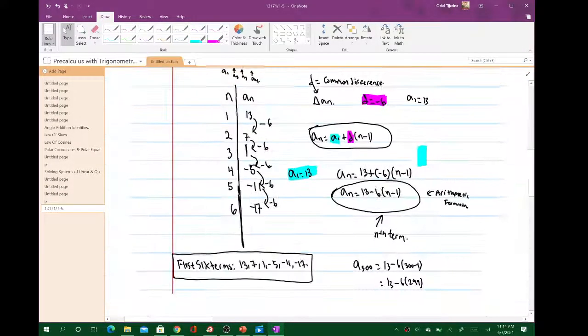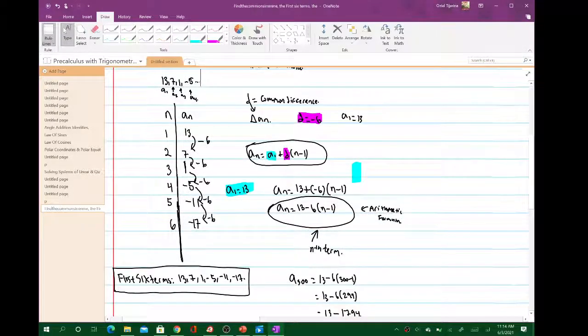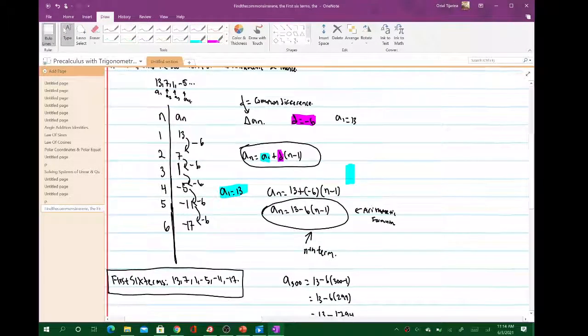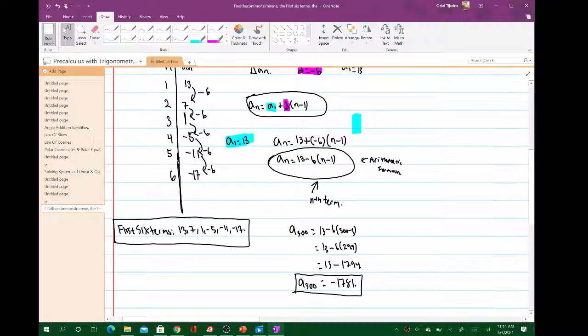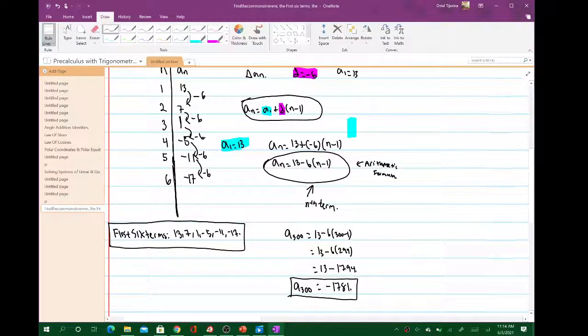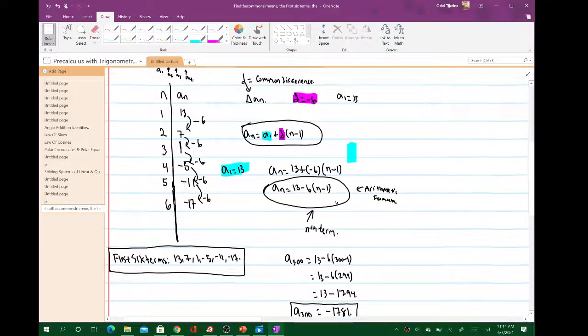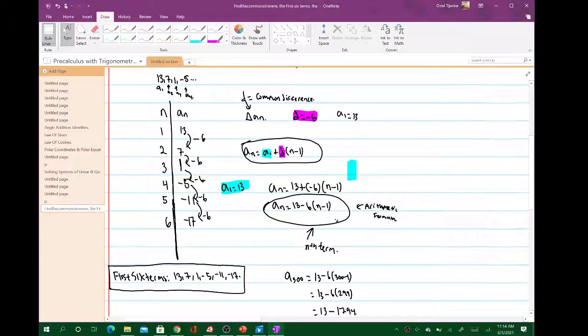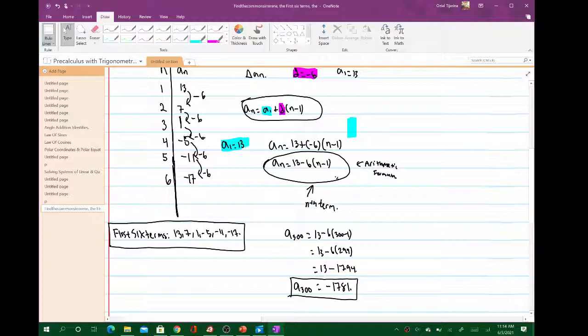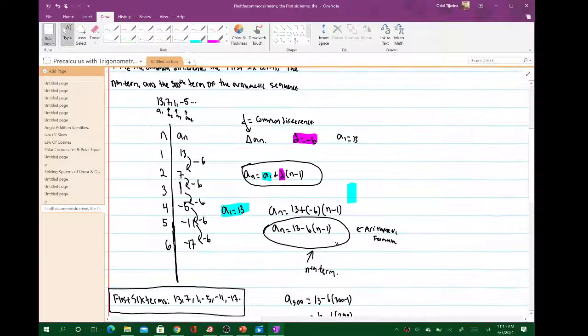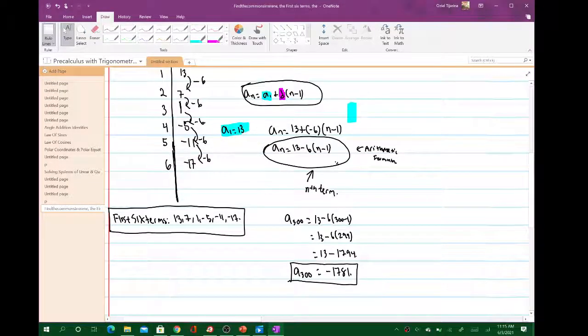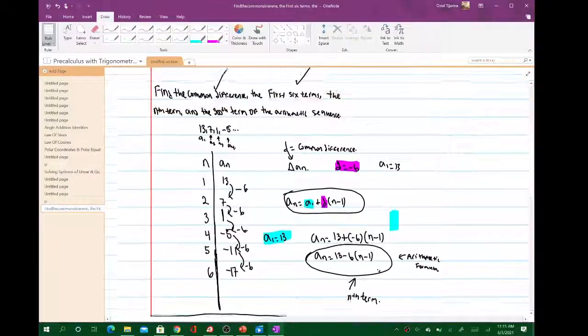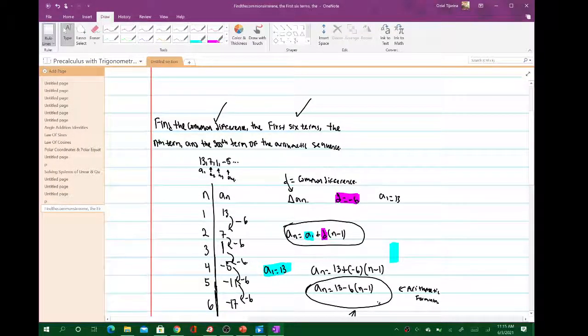And you also need to know that a sub n, this formula here, is just the nth term. It's the arithmetic formula here, okay?